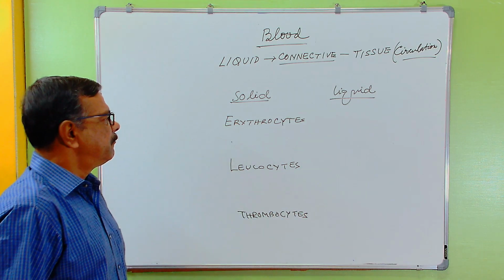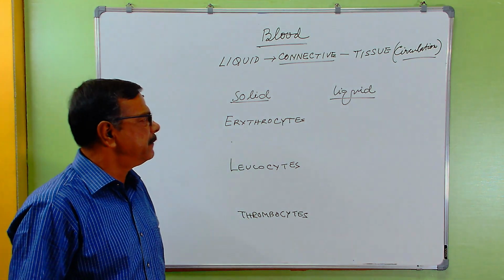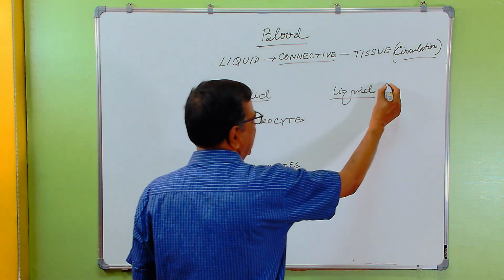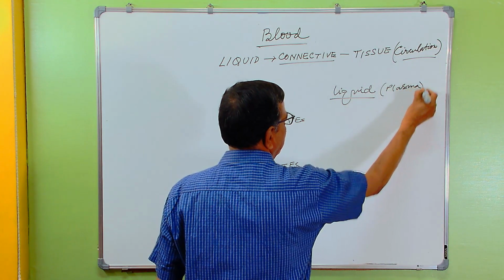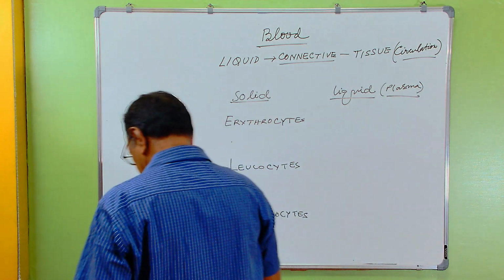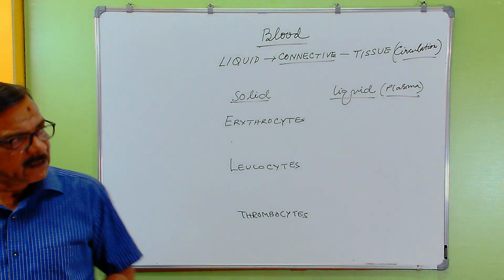These three are also called formed elements. And the liquid part is known as plasma, P-L-A-S-M-A. Plasma is the liquid part.